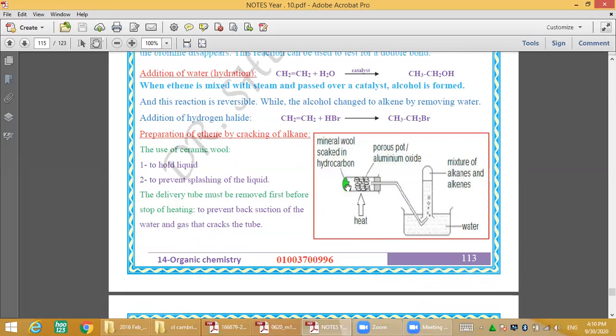We have mineral wool that contains hydrocarbon. The mineral wool is used to hold the liquid inside and prevent splashing.